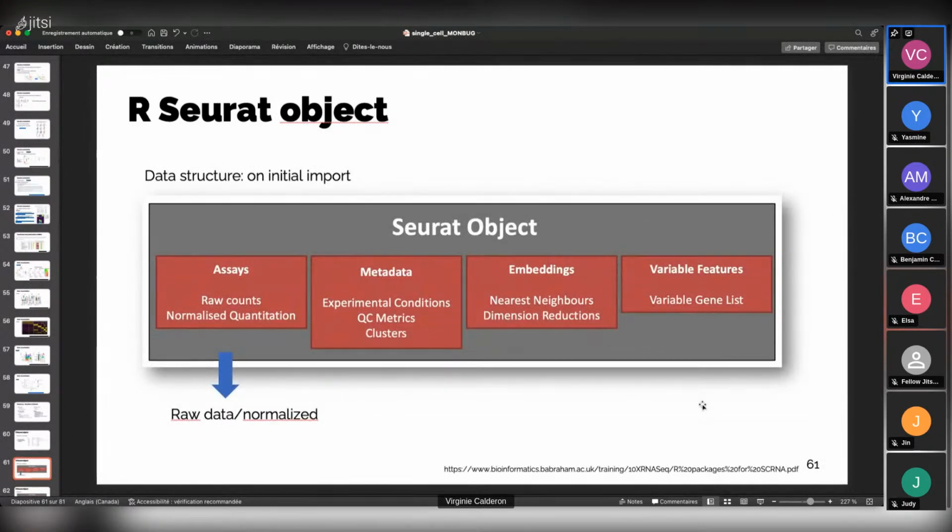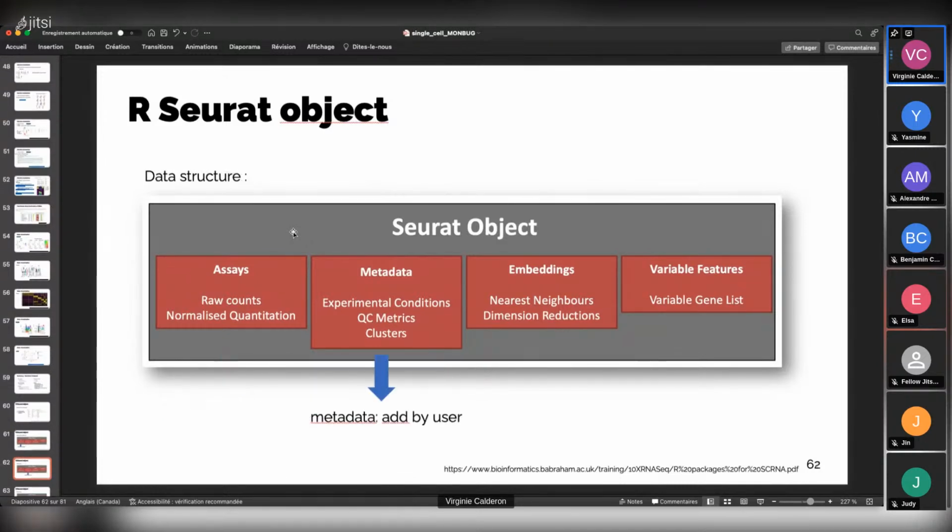So on the initial import, you will have 4 categories in your Seurat object. The first one is for assays, so it will be filled with the raw counts from the matrices you provided, and after the normalization, it will add the normalized data. Then you have the metadata structure for the experimental condition.